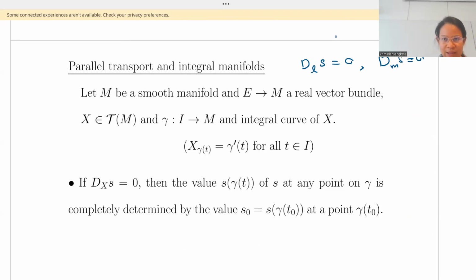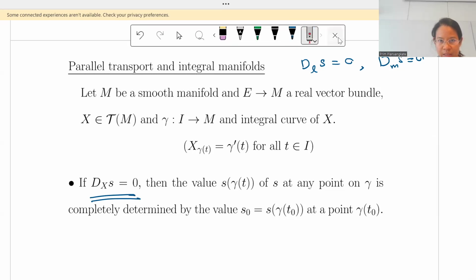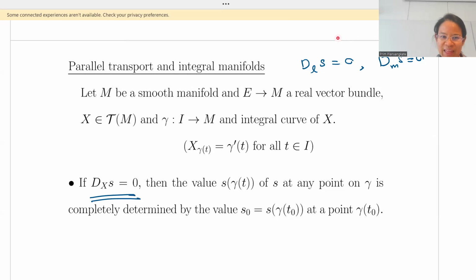But let's see first if we have just one equation here instead of two. I prepared this to explain in the real case first, but then I will say that things follow analogously for the complex case, because the real case looks easier. So let me go back to the real case, and let X be a vector field, and gamma an integral curve of the vector field.